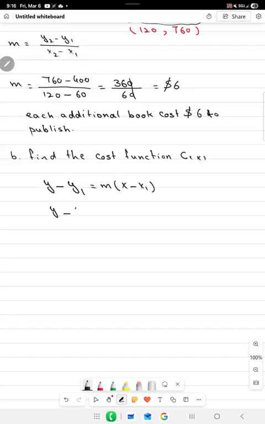y minus y1, which is 400, equals m, the slope we just calculated at 6, times x minus x1, which is 60. y minus 400 equals, let's distribute the 6 to the inside, 6x minus 360. Let's move that 400 to the other side. Add 400 to both sides.